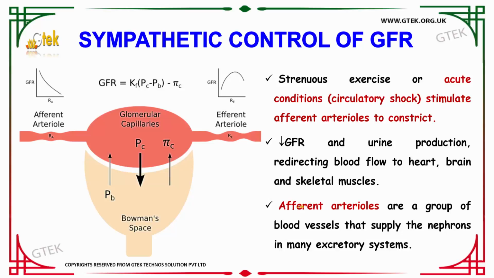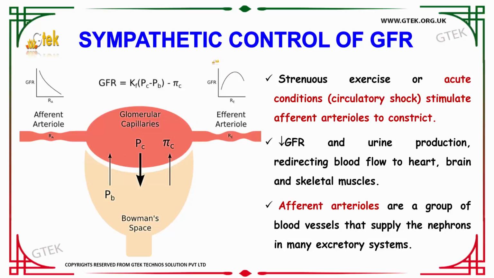So the next case is when you constrict your efferent arteriole, and when you dilate your afferent arteriole, the blood flowing into your glomerular capillaries will increase, whereas there will be a decrease in the blood flow going out, which will increase the pressure of the blood inside your glomerular capillaries.